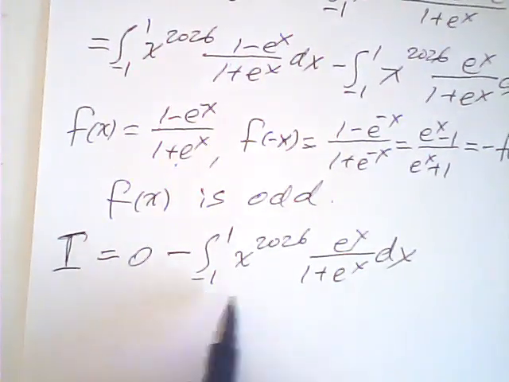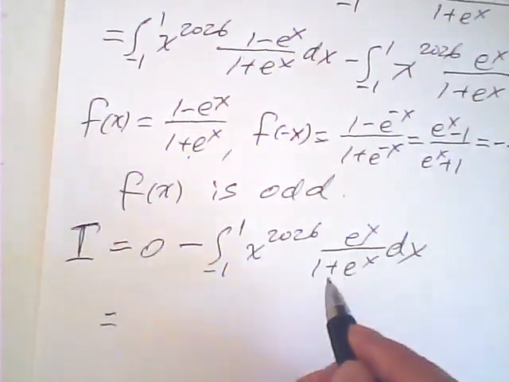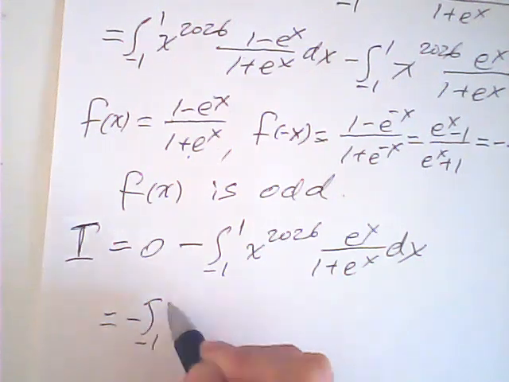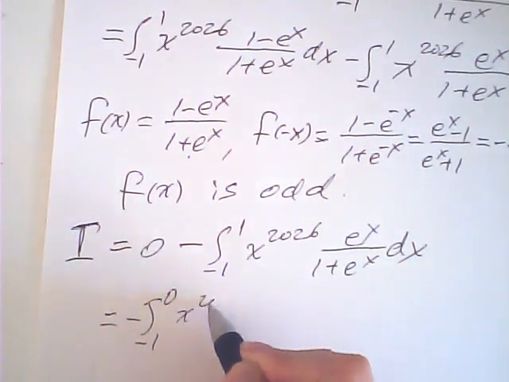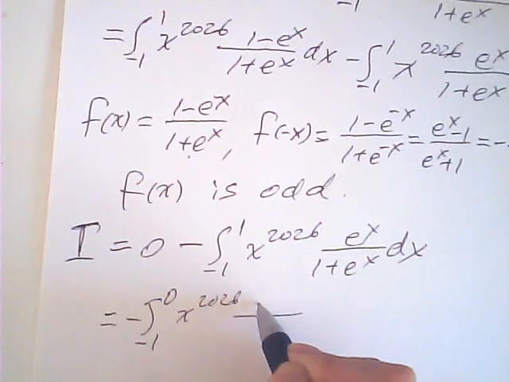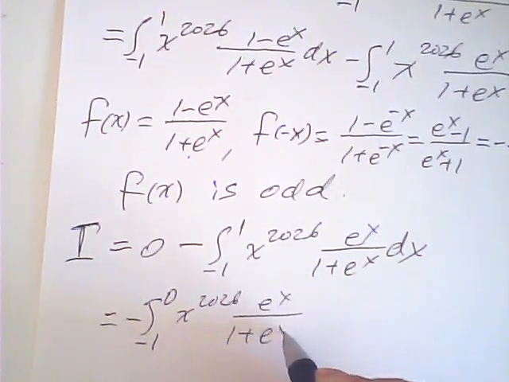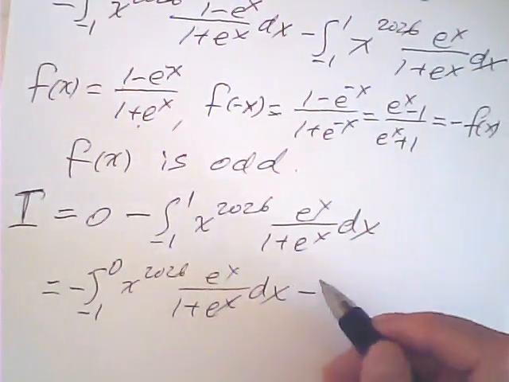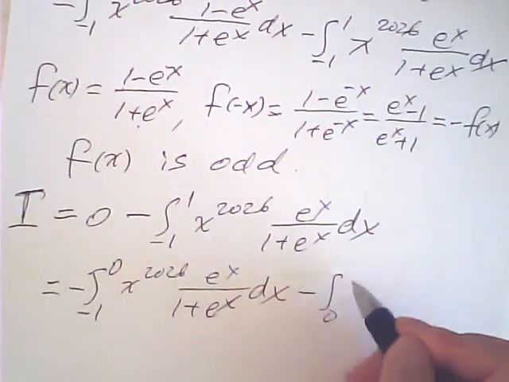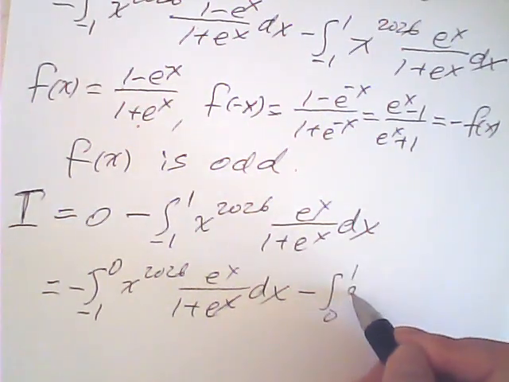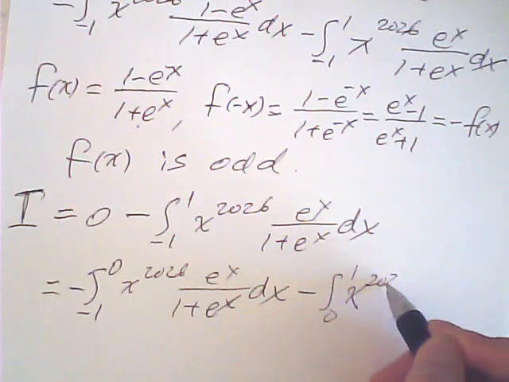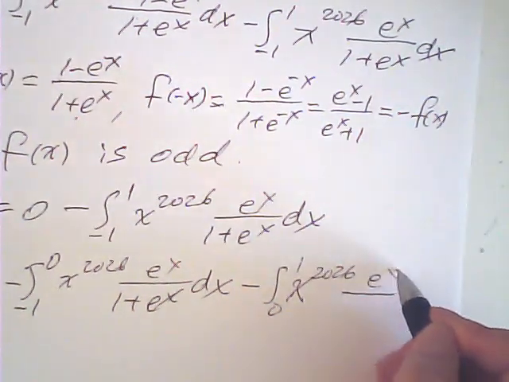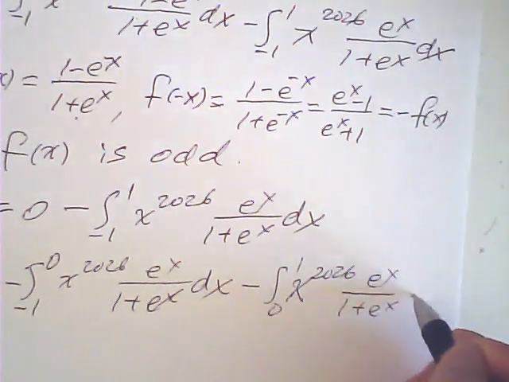Then I split this one into 2. The first one is negative, 0 to 1, x^2026 e^x/(1 + e^x) dx. And the second one is from 0 to 1, x^2026 e^x/(1 + e^x) dx.